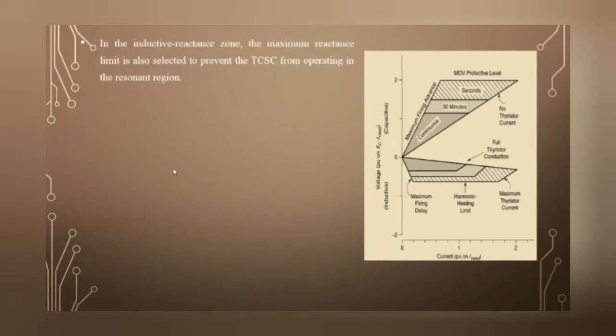Inductive Vernier mode of TCSC operation. How can you calculate the XTCSC? XTCSC is equal to XL into XC upon XL plus XC.